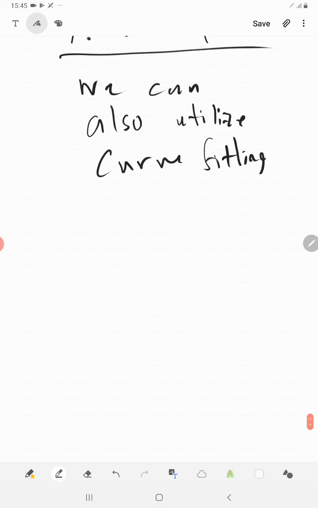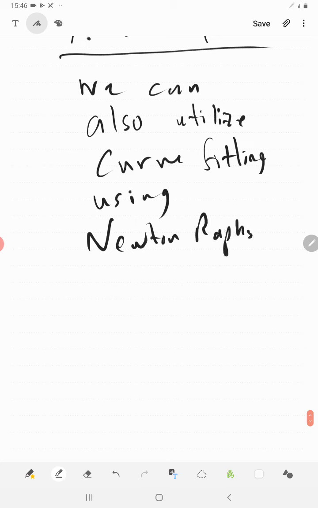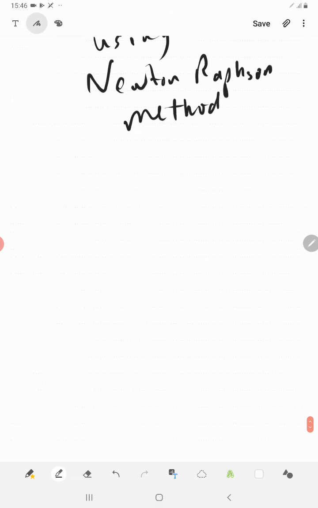We can utilize curve fitting using, for example, the Newton-Raphson method, okay? How we do that is very easy.